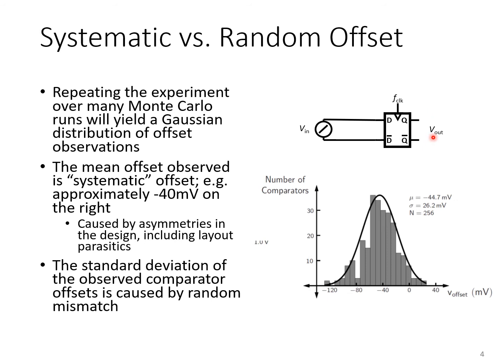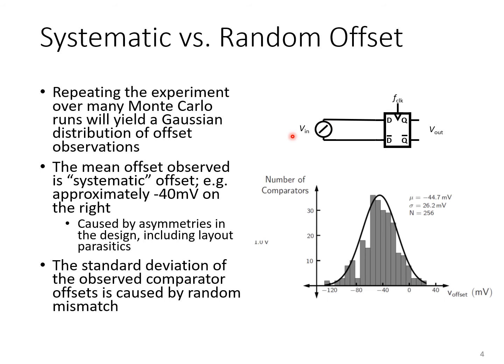That is, it takes a very, very long time, if ever, for the output to actually resolve one way or the other. It just sits there at its reset level because at this magic input value, the latch is perfectly balanced. And once you find that magic input value, that is the input referred offset of the latch.